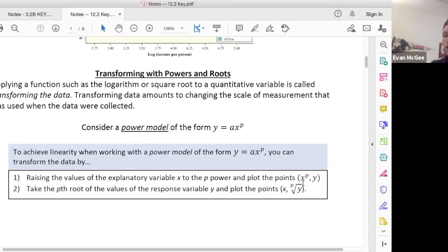So take the square root of y, or the cube root, or the fourth root, whatever it is, to make the data look more linear. Now, usually, and today especially, I'm not going to have you actually do the re-expressing. You're not going to have to actually raise all the x values to some power or take the square root of the y variables. Let's take a look at an example.